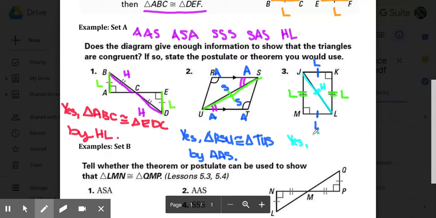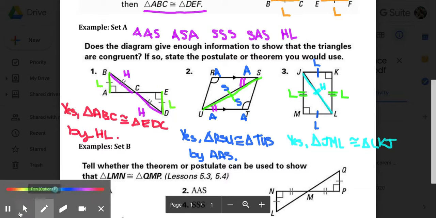So yes, triangle, let's call this first one JML, is congruent to triangle, and if we call this one JML, let's call the other one LKJ. And they are congruent by, we could use hypotenuse leg.